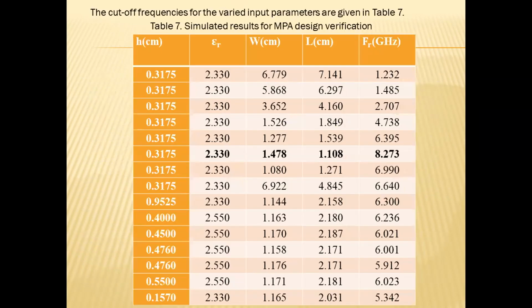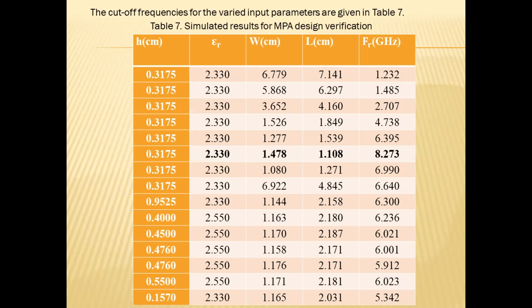See in table number 7, it is found that rectangular microstrip patch antenna with 3.17 millimeter of dielectric substrate height and dielectric constant of 2.33 with patch width of 14.78 millimeter and length of 11.08 millimeter can achieve the maximum resonant frequency of 8.23 gigahertz.